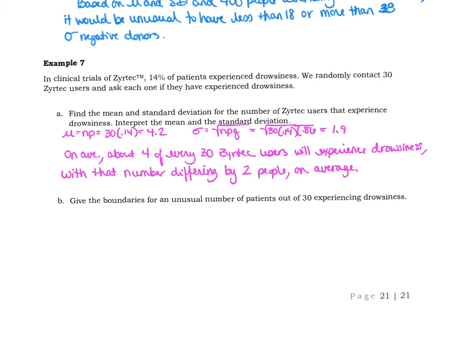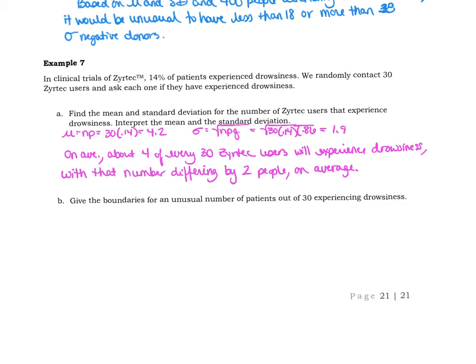So about 4 of every 30 Zyrtec users will experience drowsiness. That number will differ by about 2 people on average. And that number referring to the average of 4. If you want to do a new sentence, you can do that as well, but I kind of threw those into one.